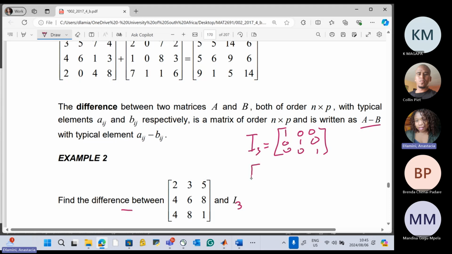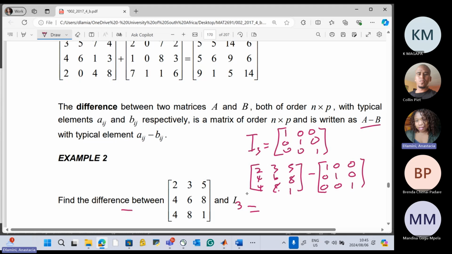So they want us to say, this is 2, 3, 5, 4, 6, 8, 4, 8, 1 minus 1, 0, 0, 0, 1, 0, 0, 0, 1.